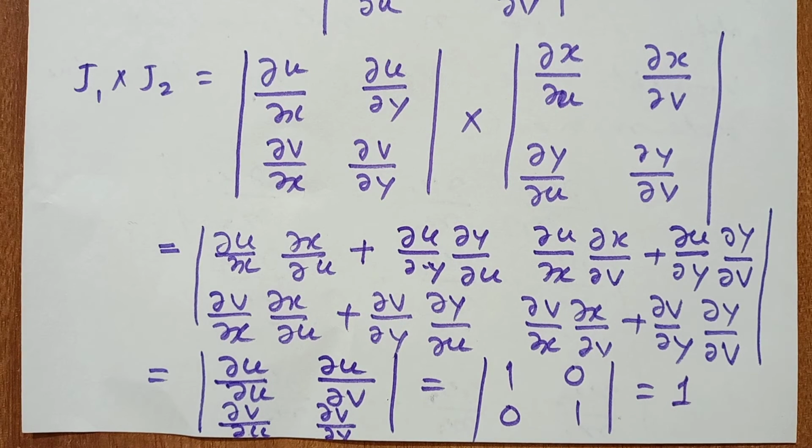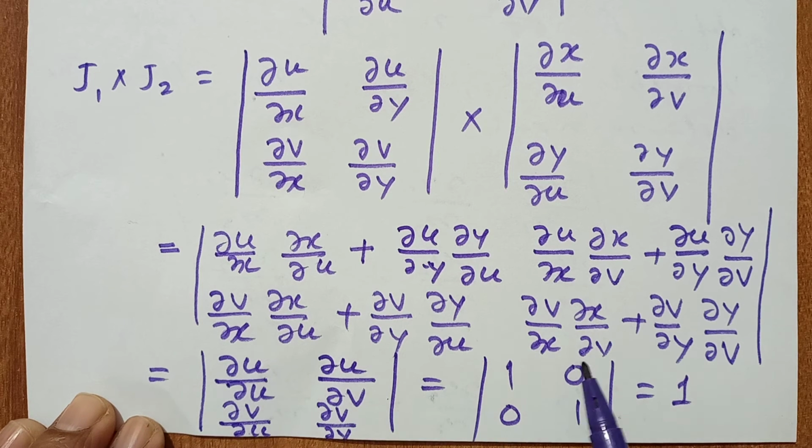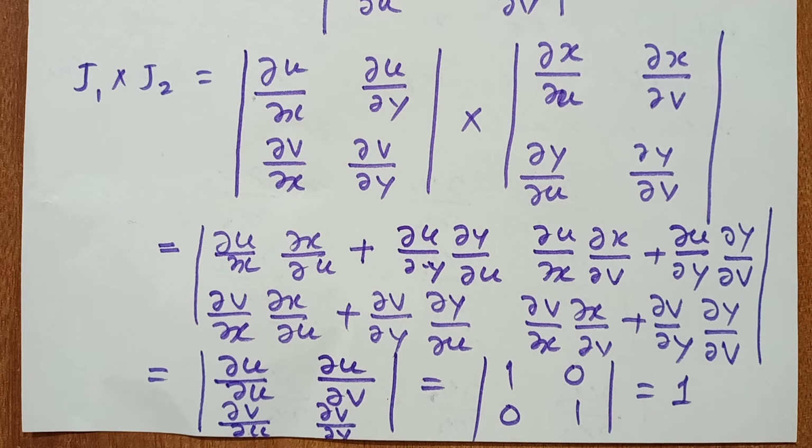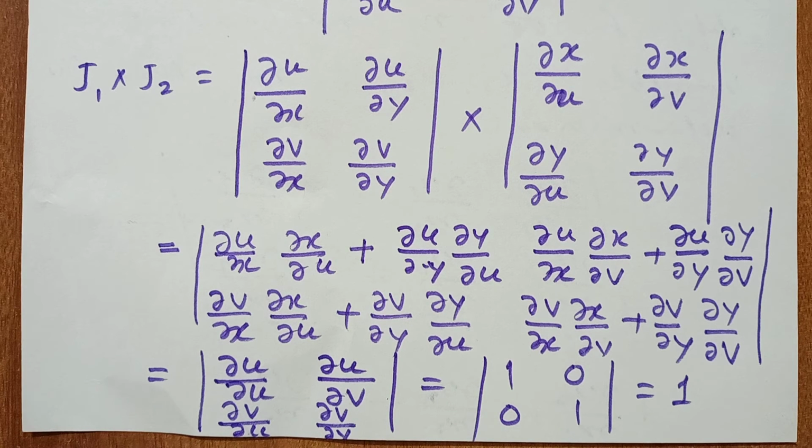Okay, so here we will use the definition of total differentiation, means u and v are functions of x and y. By the definition of total differentiation, this is del u upon del u and this is del u upon del v. Since u and v are independent, partial differentiation of u with respect to v is 0 and partial differentiation of u with respect to u is 1.